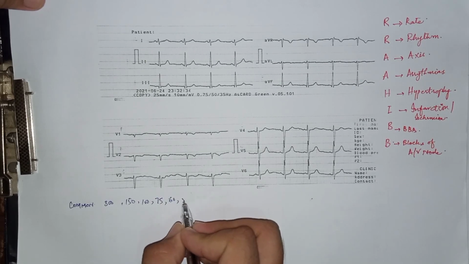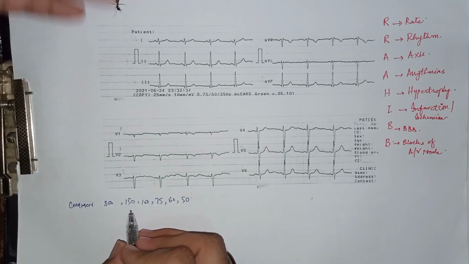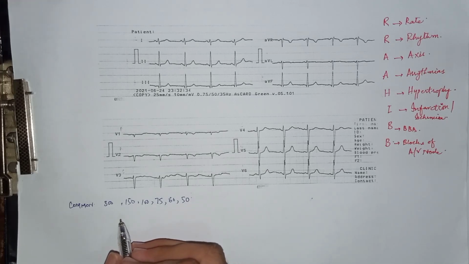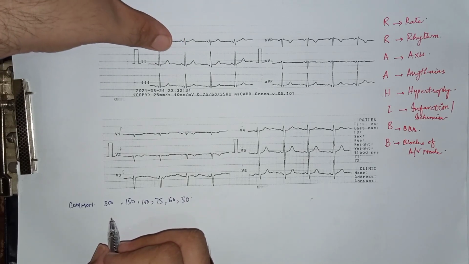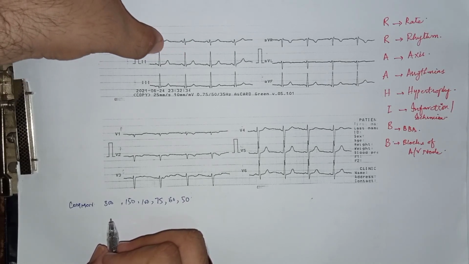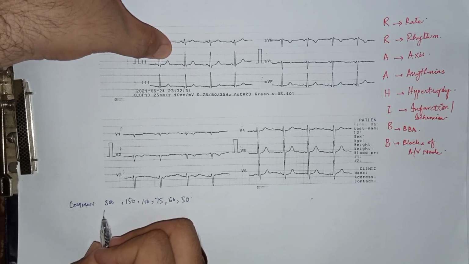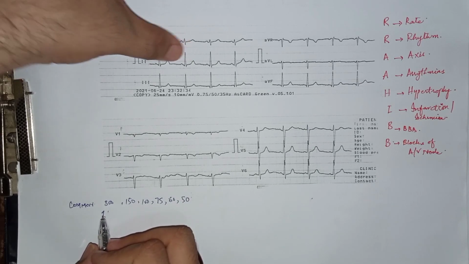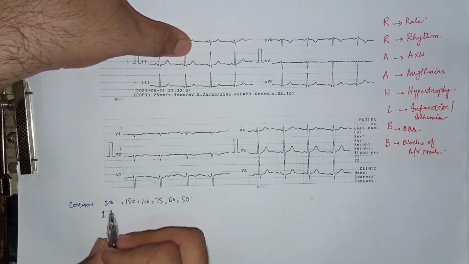75, 60 and 50. Remember these numbers, 300, 150, 100, 75, 60 and 50, and calculate using the QRS complexes. If the distance of the RR interval, that is from one R wave to the next R wave, is one large box, then the heart rate is 300 beats per minute.